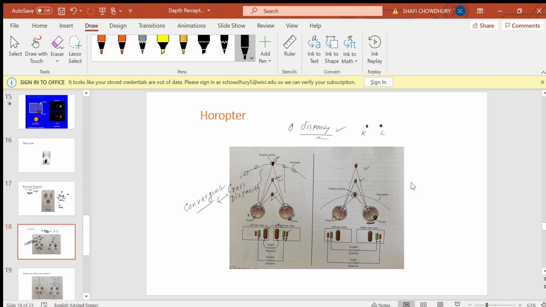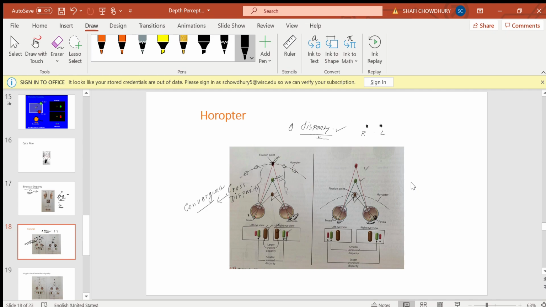This is the fixation point for this one, and as you move the objects far, the retinal images are placed towards the nasal side. For near objects, the retinal images are placed towards the temporal side of the fovea.